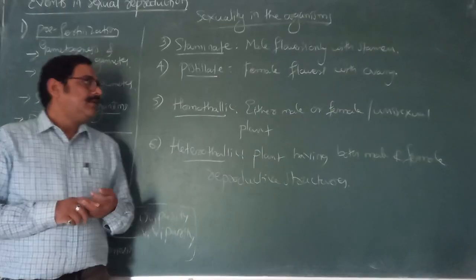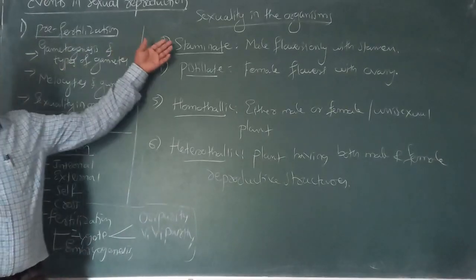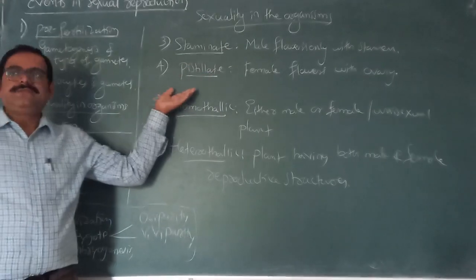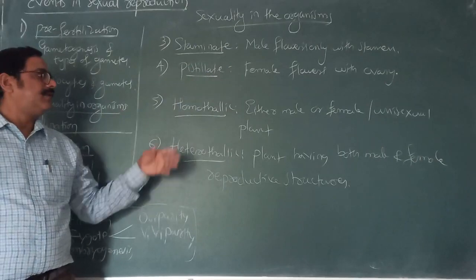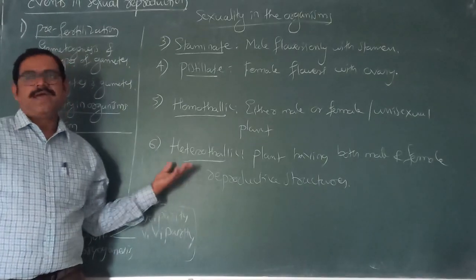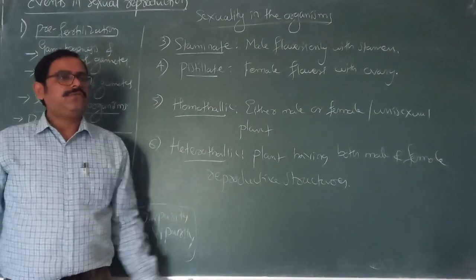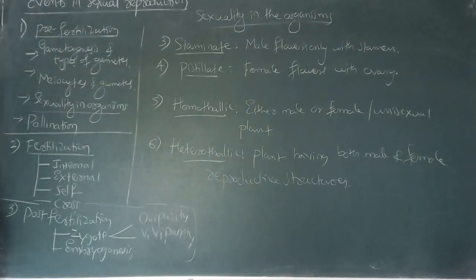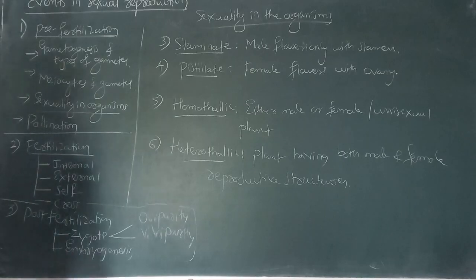Then we discussed staminate flowers, meaning male flowers, mainly seen in papaya. Pistillate, papaya itself is an example for that. Homothallic, either male or female. Heterothallic, having both. So these are the examples for understanding sexuality in the organisms. What is the next point?